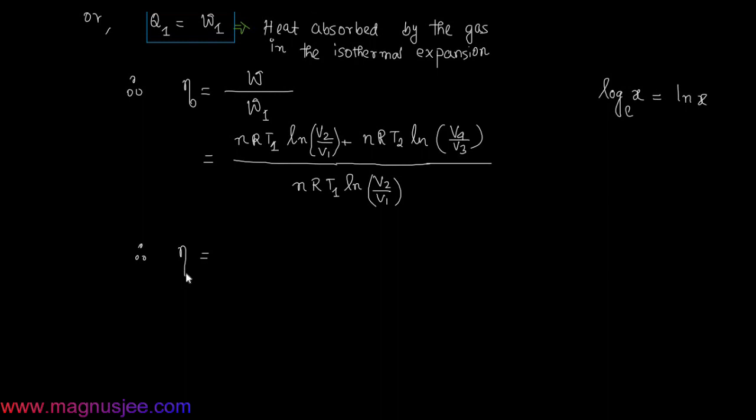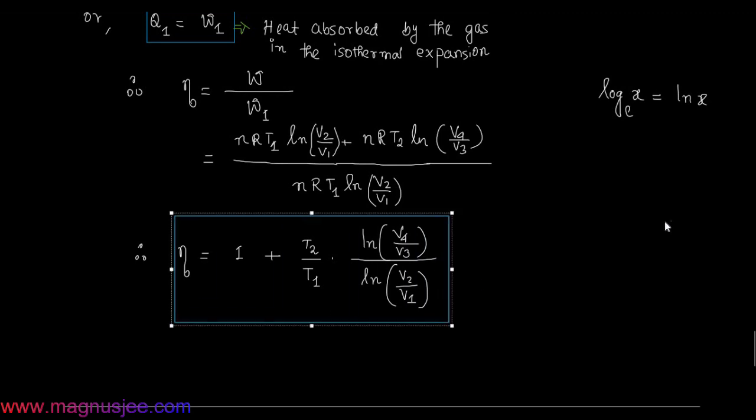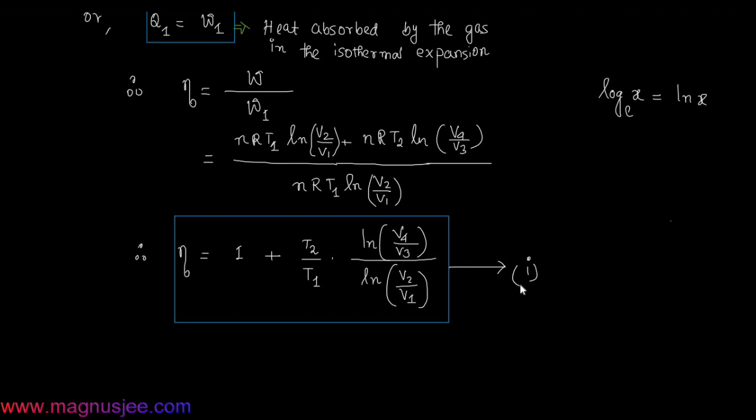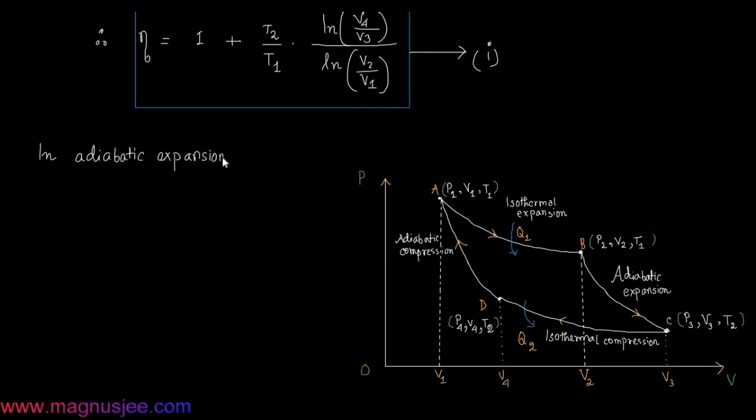And here the efficiency of the Carnot heat engine eta will be equal to 1 plus T2 divided by T1 into, in the numerator, ln V4 by V3 divided by ln V2 by V1.